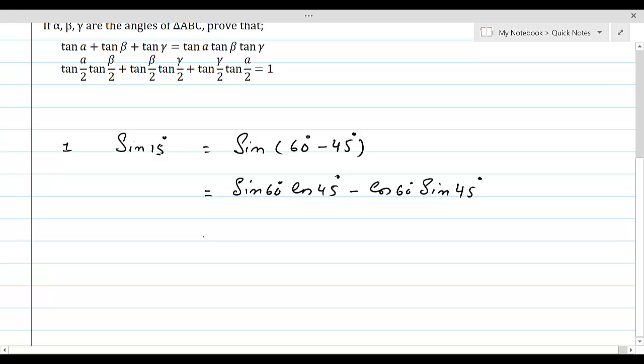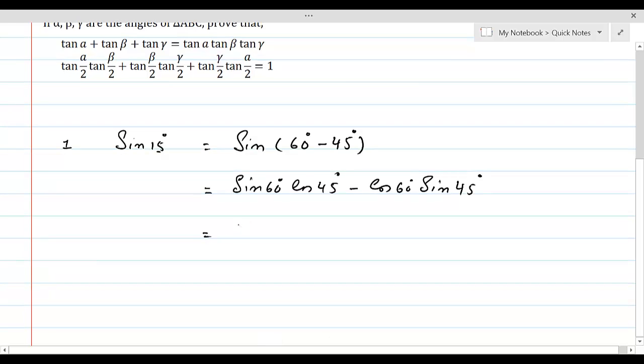And if we substitute the value of sine 60, which is root 3 by 2, times cos 45 degrees, which is 1 over root 2, minus cos 60 degrees, which is 1 over 2, into sine 45 degrees, which is 1 over root 2.